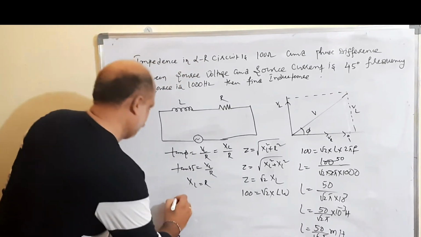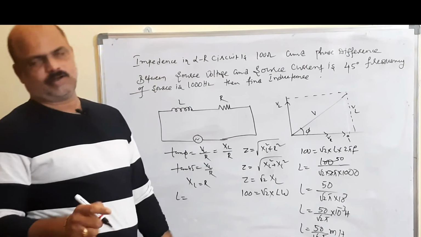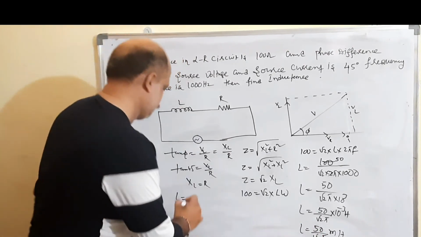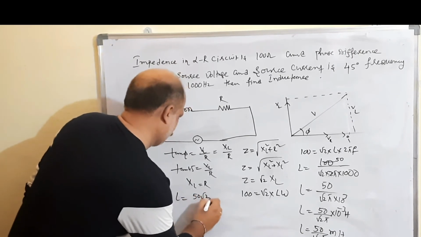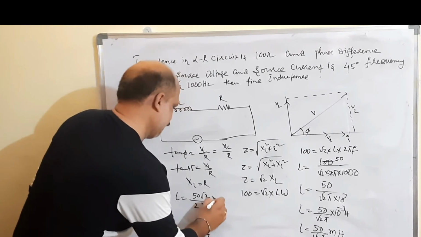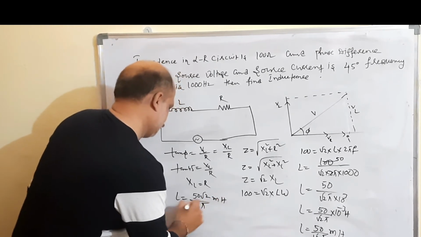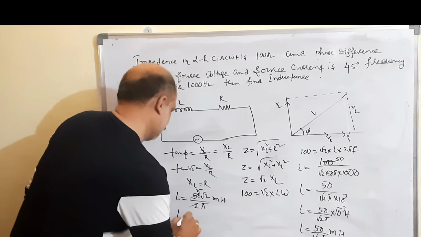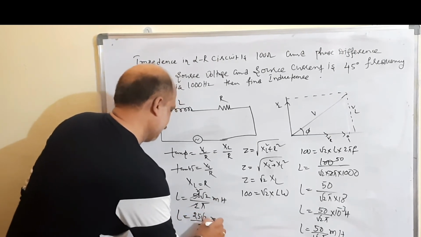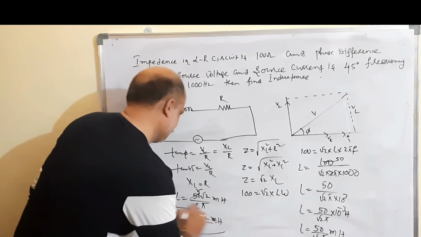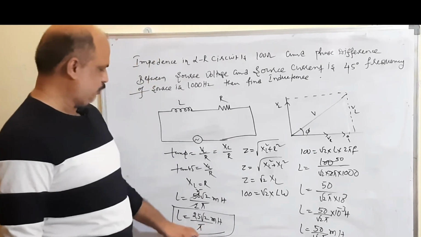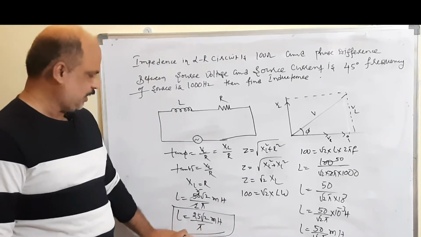Multiply and divide this fraction with root 2: 50 root 2 divided by root 2 into root 2, 2 pi milli Henry. So 2 25s. L is equal to 25 root 2 by pi milli Henry. This option is given in the four options. So our option is 25 root 2 by pi milli Henry. This is the correct answer.